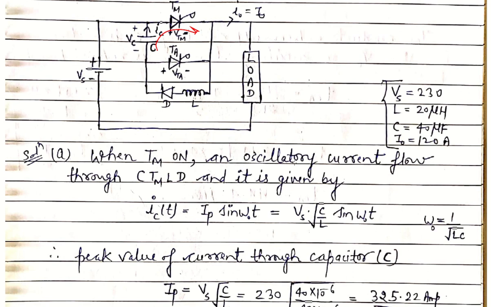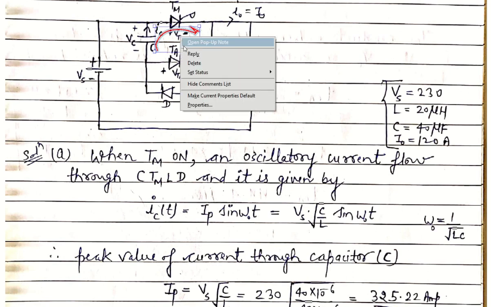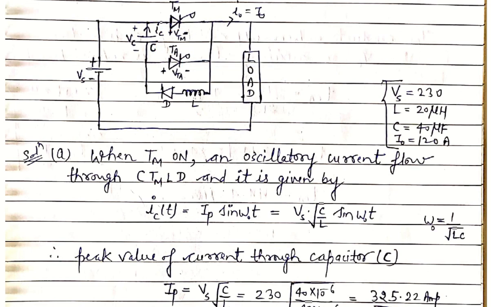When Tm is on, current flows through the path C, Tm, L, D. This current will be flowing in the path shown.